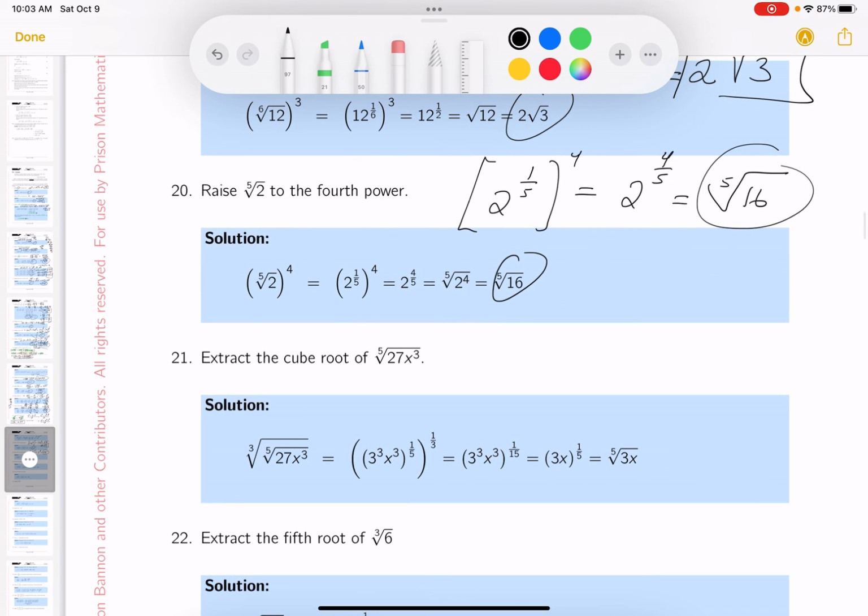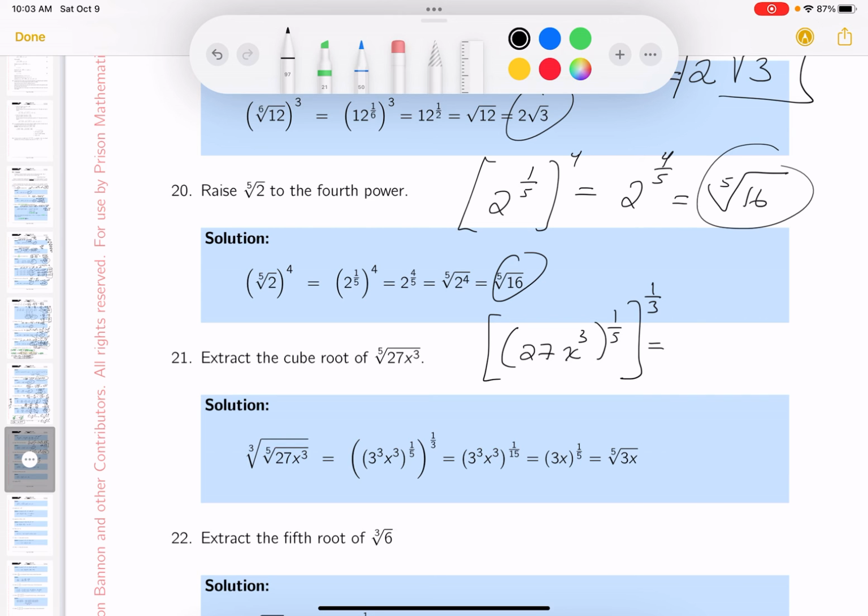Okay, this one says extract the cube root of. Let me write this down for you. I'm not saying it's going to be easy for you. I have to read it first. So I got 27 x cubed to the 1/5, and they are raising that to the 1/3. They said cube root. Now I'm going to write it a little bit differently.